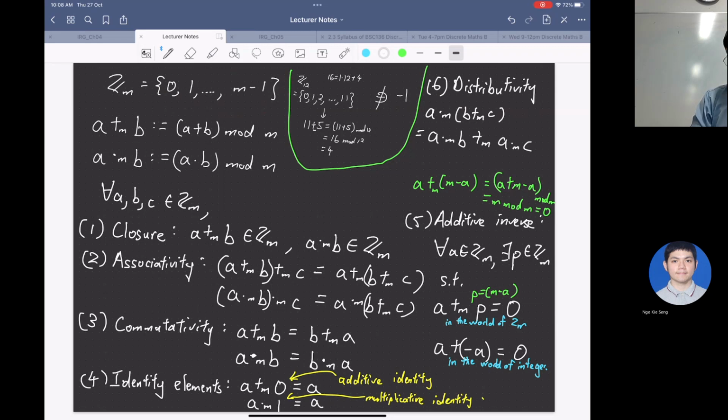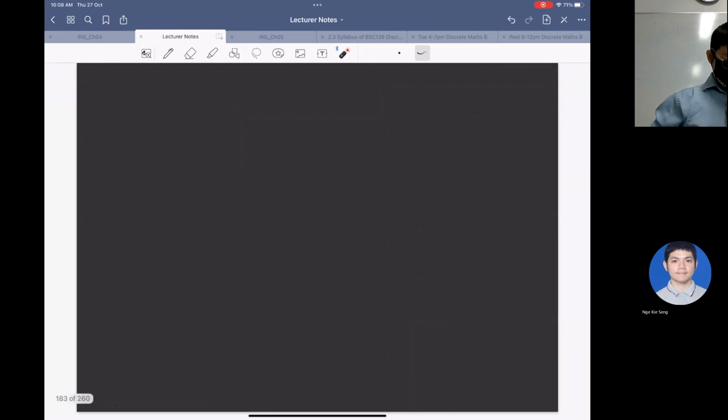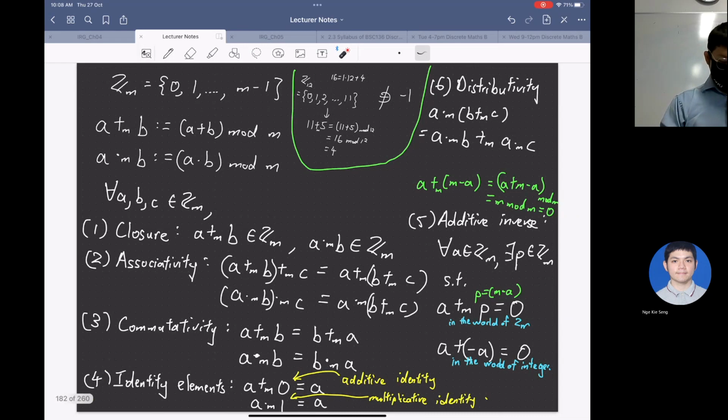I'm not sure about you, but during my high school, we called it like this, open the bracket. But the real name is distributivity. Okay, it's the same as the open bracket. All these you can verify are also shared by the usual Z.